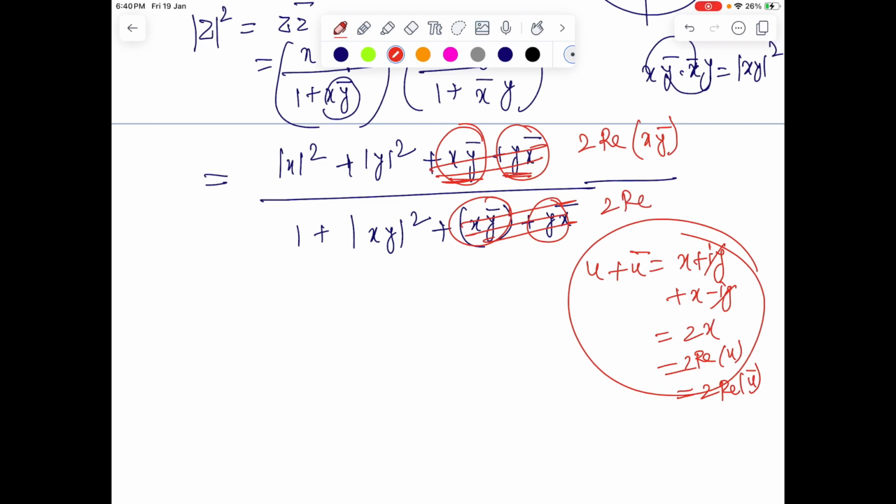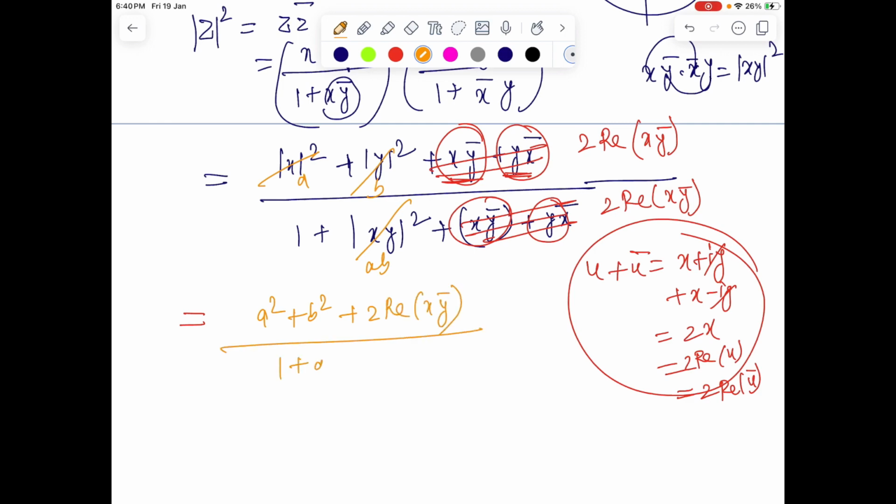This is also the same as 2 times real part of u bar. So the given expression becomes this. Now we already know mod x is a, mod y is b, so this is ab. So we can write the final expression in a cool way: a square plus b square plus 2 real x y bar, by 1 plus ab square plus 2 real x y bar.